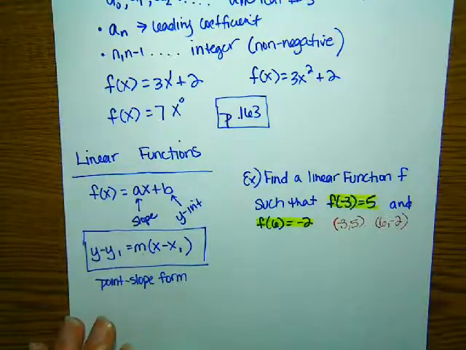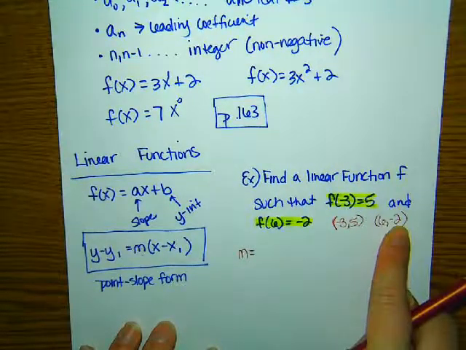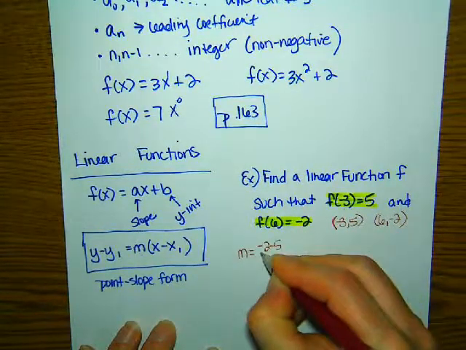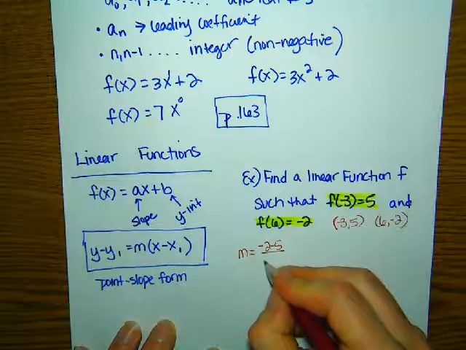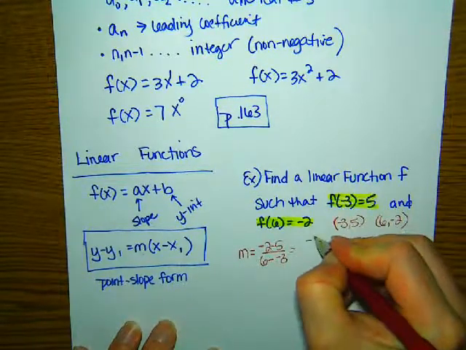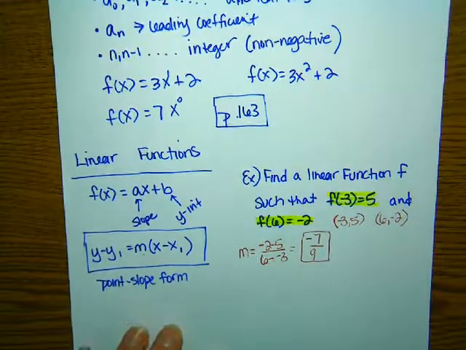Remember, rise over run. I always tell my students, rise rhymes with y, so you remember to put the y's on top. All right, here we go. On top, I'm going to do -2 minus 5. On bottom, 6 minus -3. That gives me -7 over 9. There's my slope.